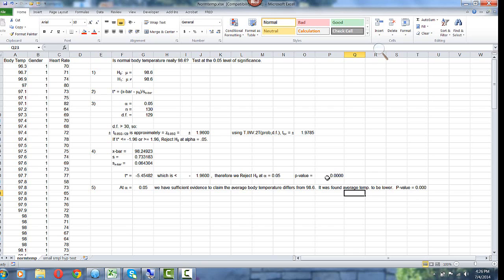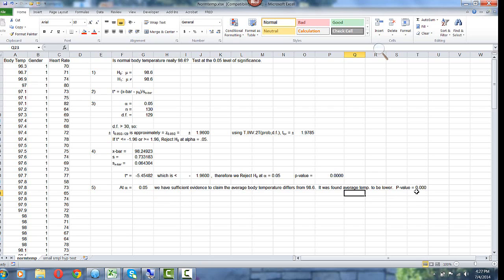If you do end up being asked to calculate a p-value, make sure you put that in your conclusion. So then the reader can also make their own decision based on the p-value. So let's say that p-value was 0.02. We rejected the null hypothesis at 0.05.